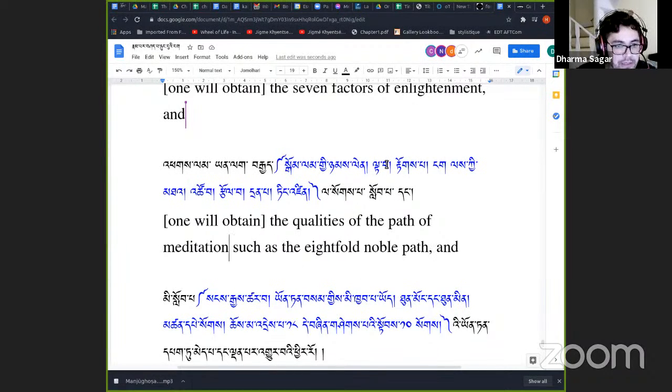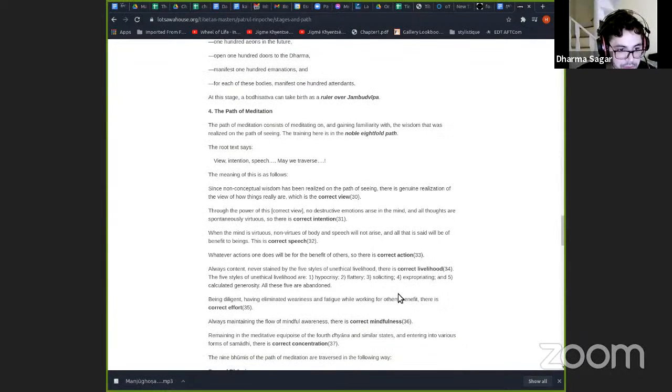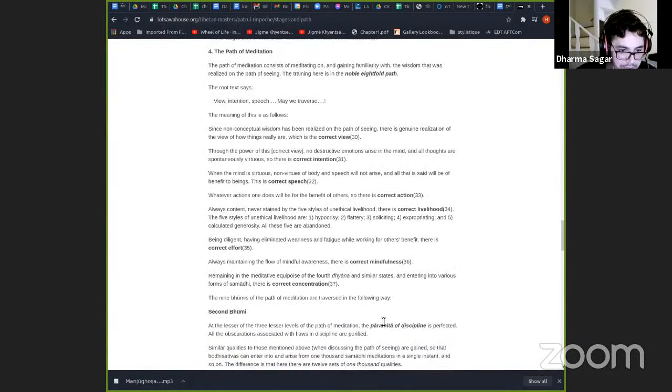Okay, and so the Eightfold Noble Path, again, we'll have the words here in English: the correct view, the correct intention, correct speech, correct action, correct livelihood, correct effort, correct mindfulness, and correct concentration.